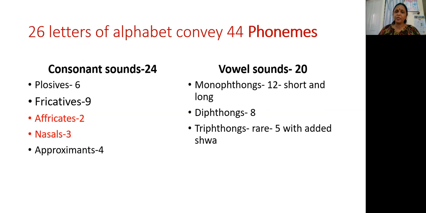Vowels: 12 monophthongs, short and long, diphthongs 8, triphthongs, which we use very rarely, there are 5. And consonants, there are 24, of which plosives we have done already, which are 6 in number. Fricatives are 9, we have done that lesson also. And today we are going to look at affricates and nasals. There are 2 affricates and 3 nasals. And then there are approximants, which are 4 in number.